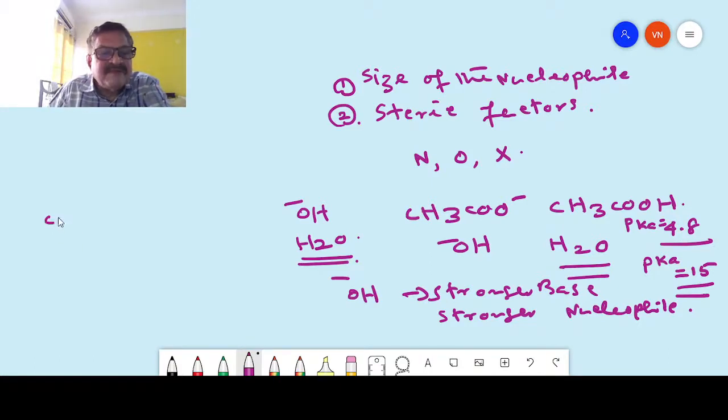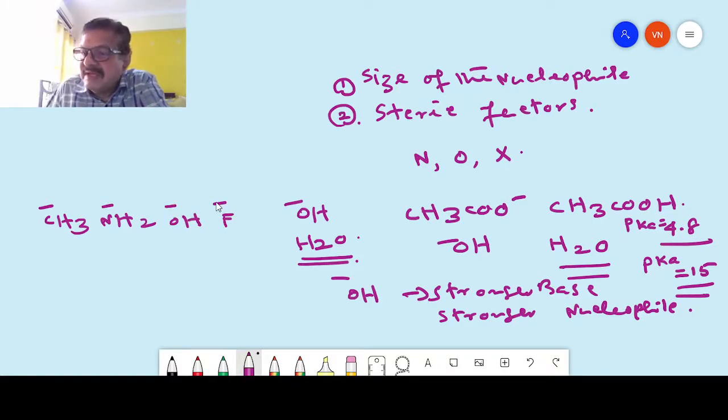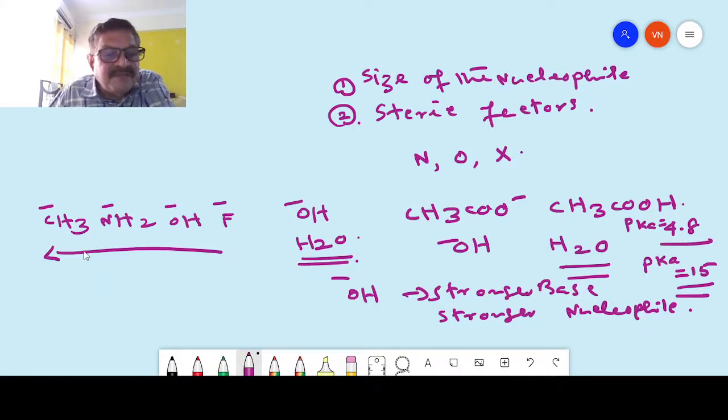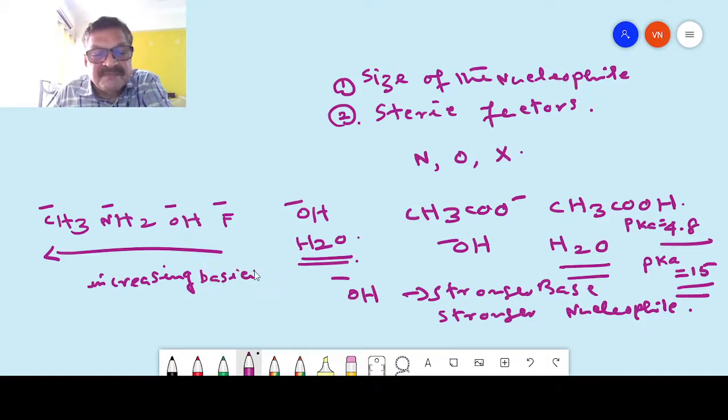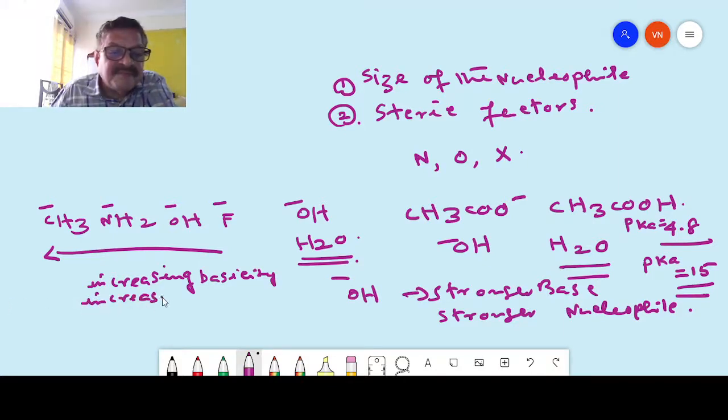Now we have, say, CH3 minus, then NH2 minus. What will be the nucleophilicity and basicity here? OH minus, fluoride. So we know increasing basicity increases nucleophilicity, going right to left like this.